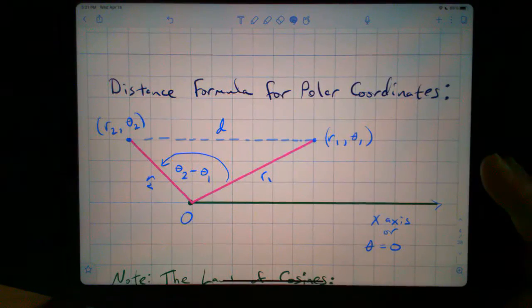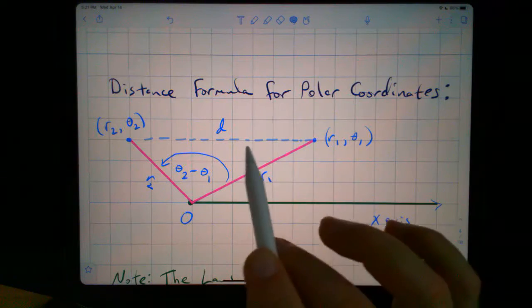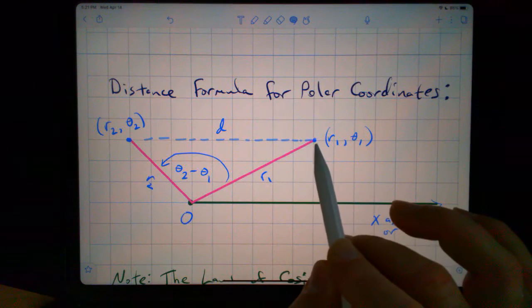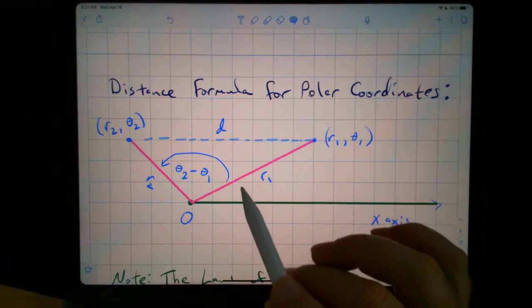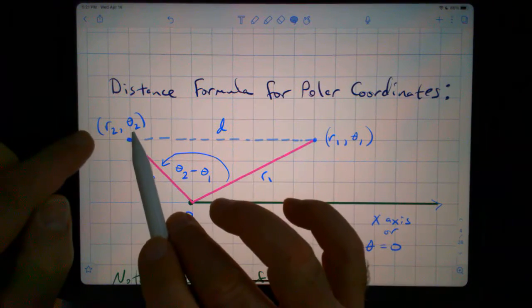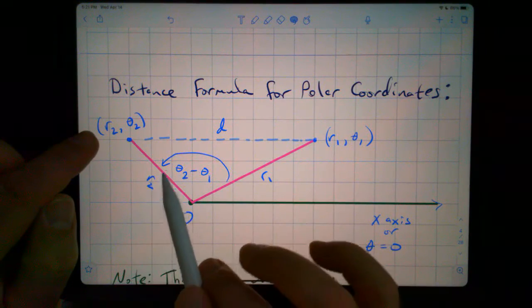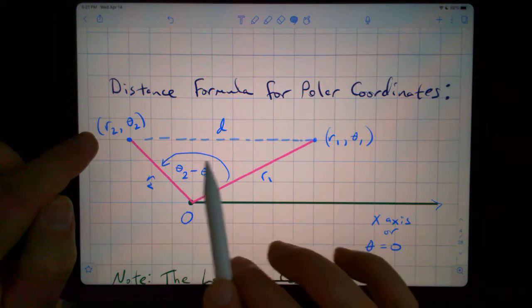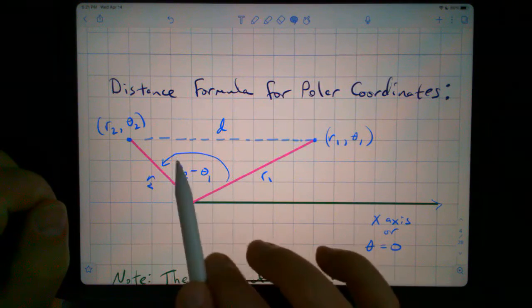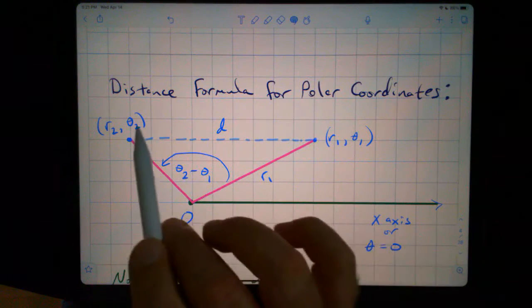The distance formula for polar coordinates. If this point here is (r1, theta 1), and this point is (r2, theta 2), the angle inside will be theta 2 minus theta 1, and then the distance between these 2 points.